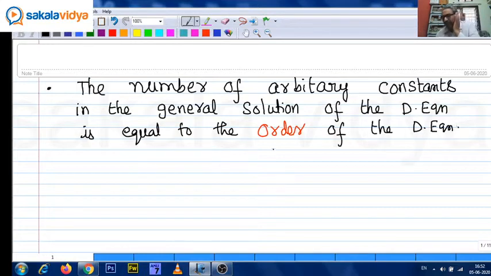That means, for example, if it has n arbitrary constants, n times we need to differentiate it to eliminate them.